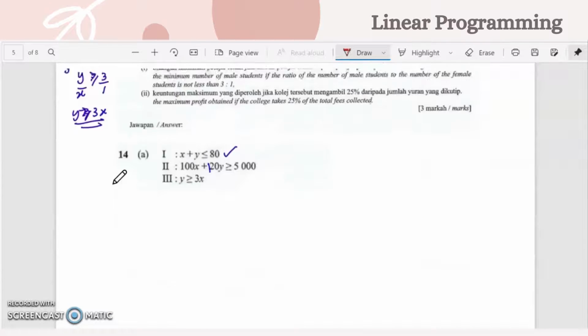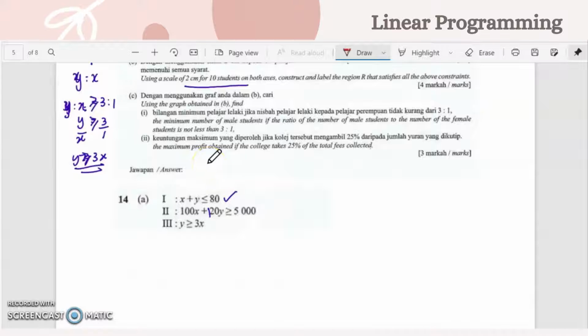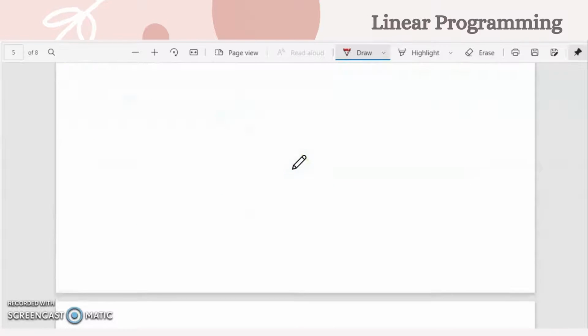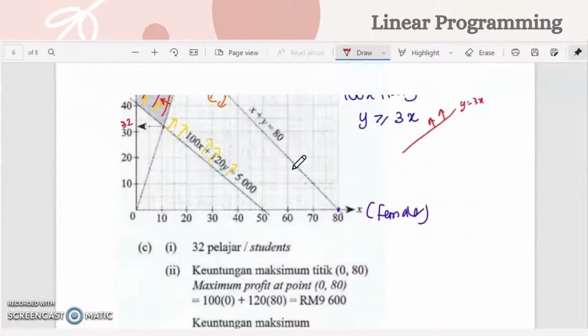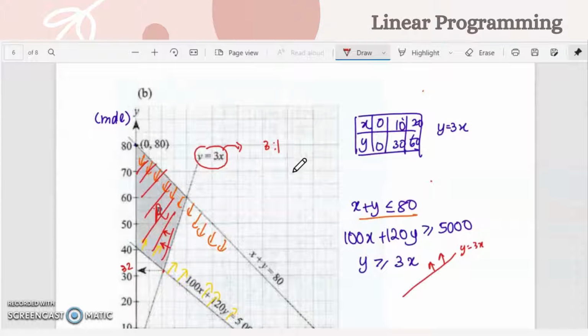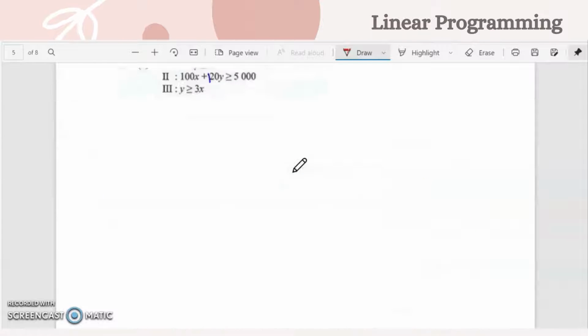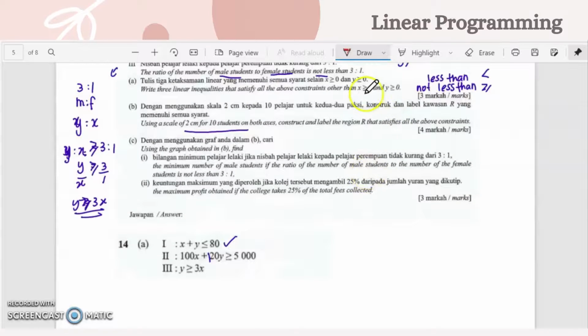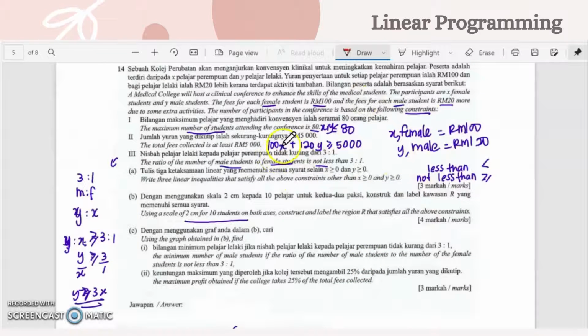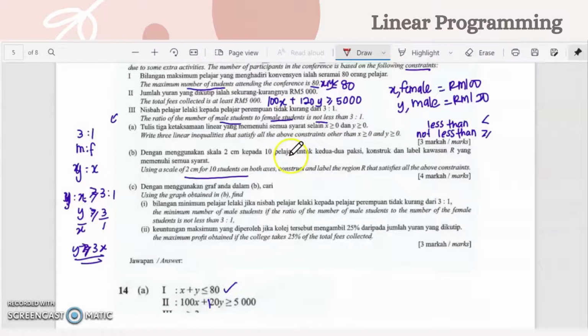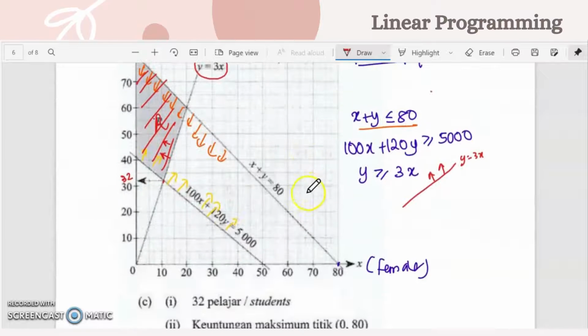Okay, so next question is, what is the maximum profit obtained if the college takes 25% of the total fees collected? Maximum profit obtained. Okay, bila kata college tu ambil 25% daripada total fee collected. Okay, so untuk dapatkan maximum profit, kita akan ambil value untuk 100x plus 120y greater than or equal to 5,000.